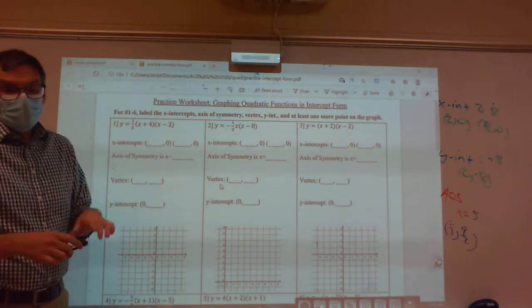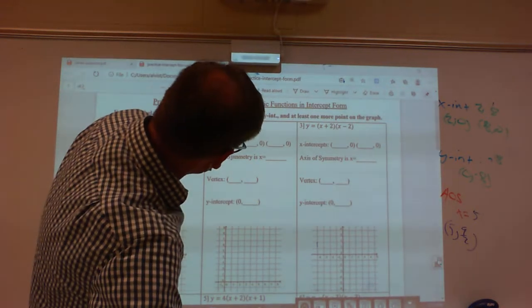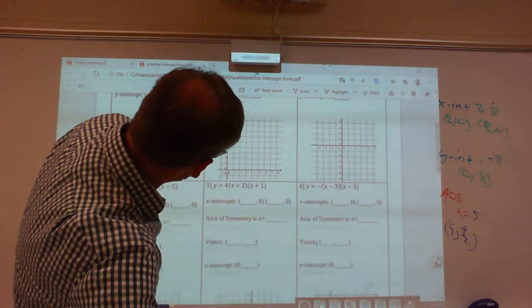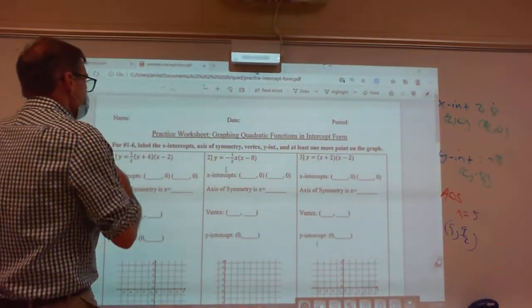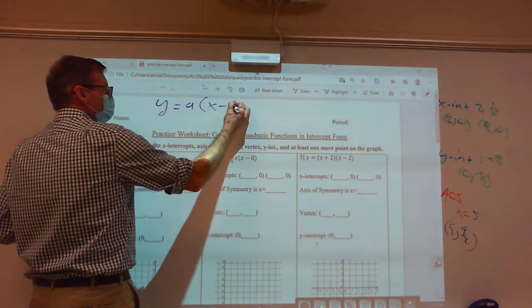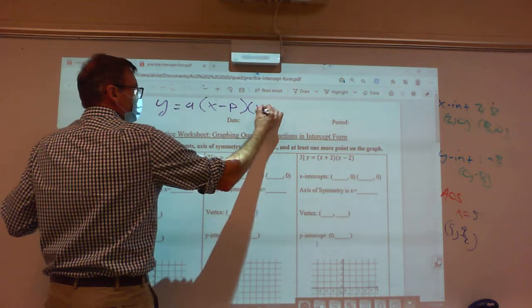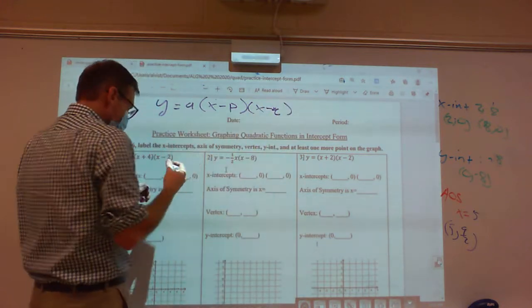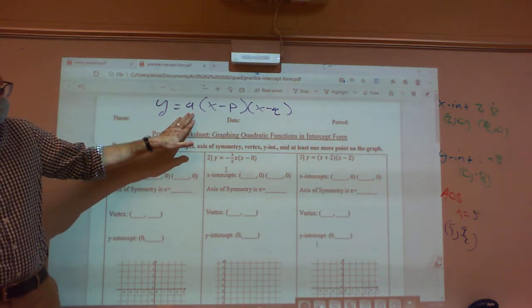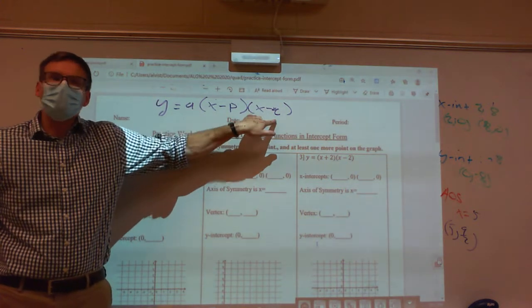So the general intercept form looks like this. Well, actually I should probably have this up here. It's y equals some number a, times x minus p, times x minus q, where a is some number that we typically have to find, and p and q represent the intercepts.